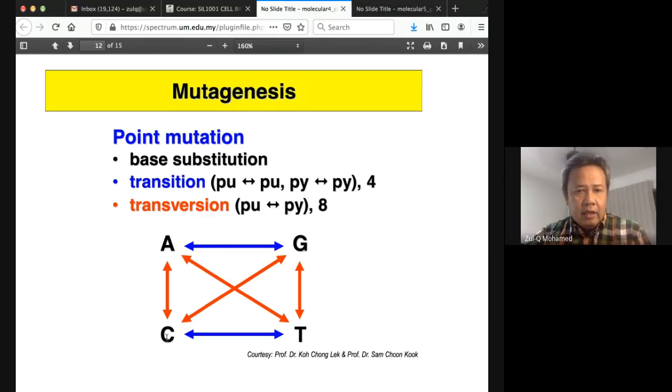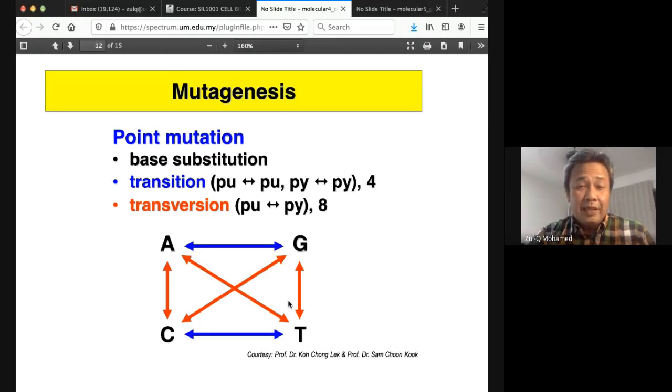So C to T is a transition, A to G is a transition, G to A is a transition, T to C is a transition, right? But a change from one class to another is called a transversion. So from A to C, this is a purine to pyrimidine, it's called a transversion. C to A is also a transversion. So in this figure, the blue arrows are transitions, the red arrows are transversions.